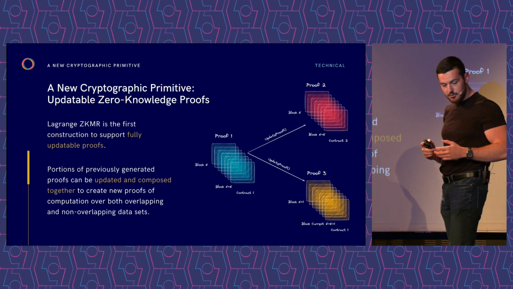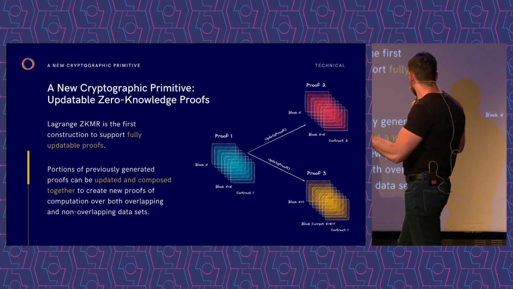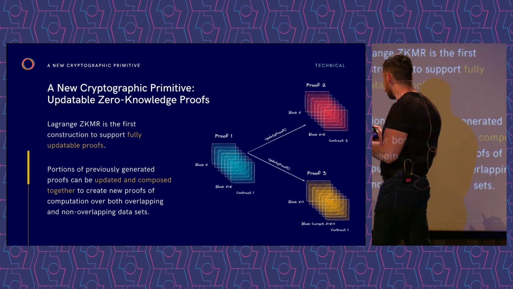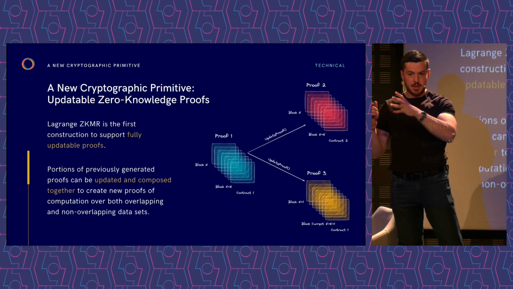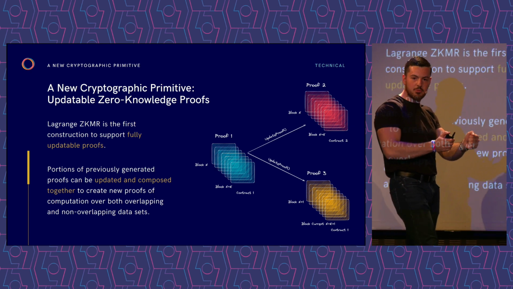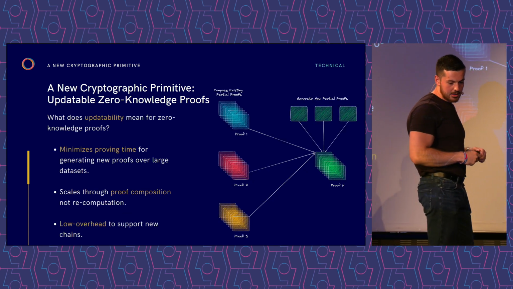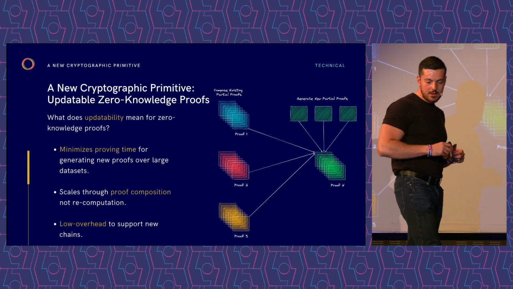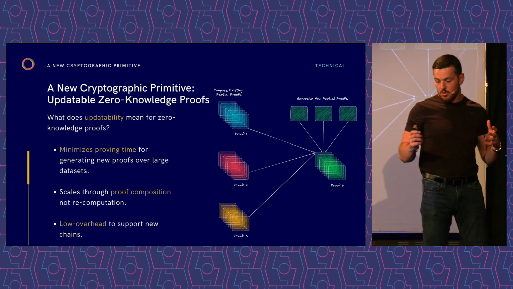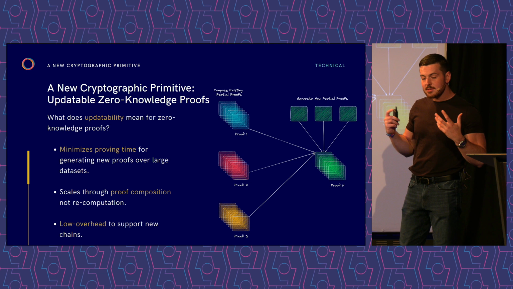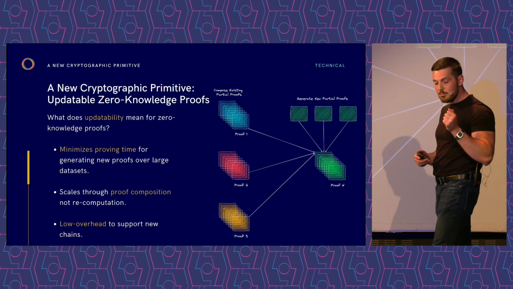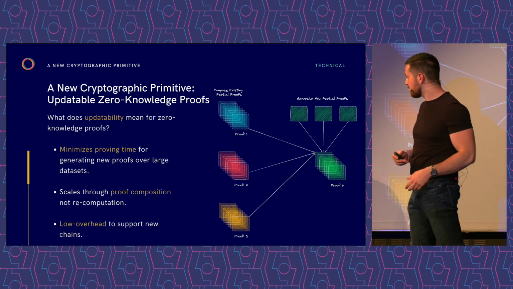You can derive some proof of some computation, and then you can take a chunk of that proof that you pre-computed for another use case and include that in another proof. What this allows us to do is drastically reduce proving time to minimize the latency required for these large dynamic proofs. And this allows us to scale proof computation through composition, not recomputation.